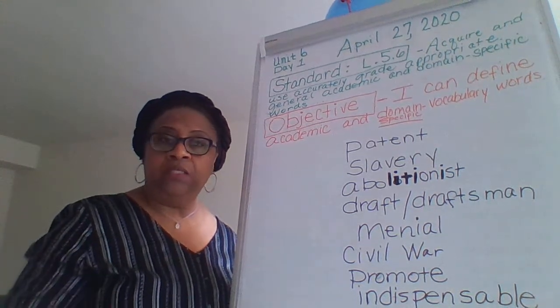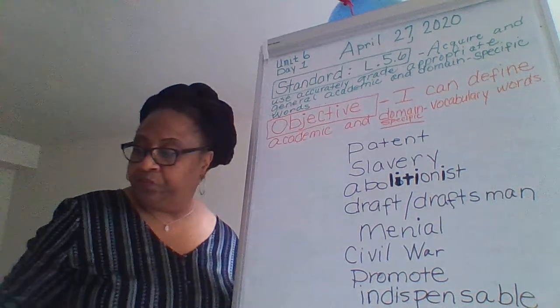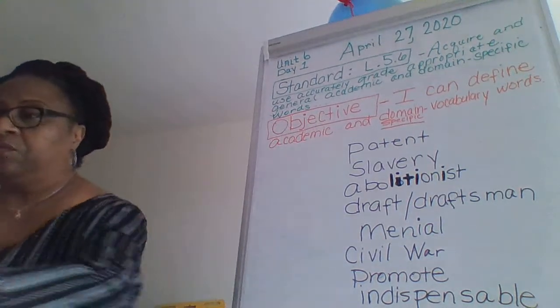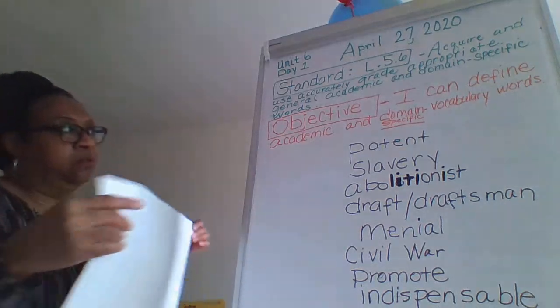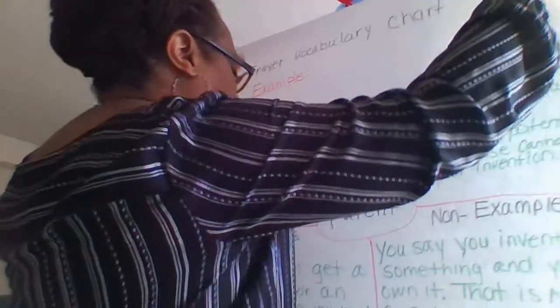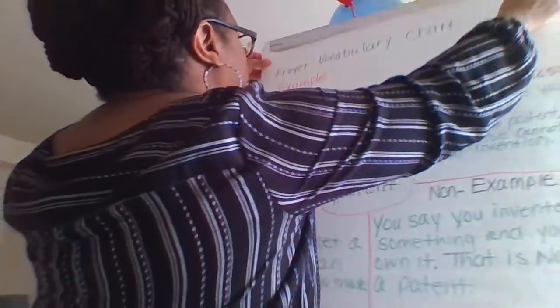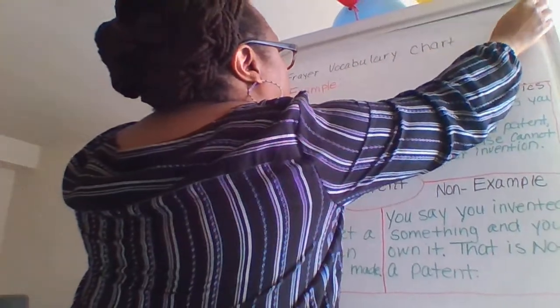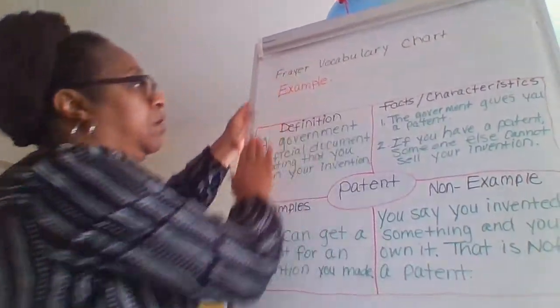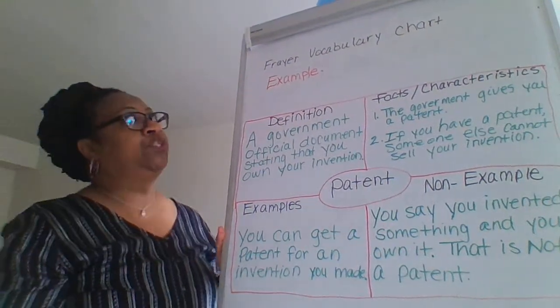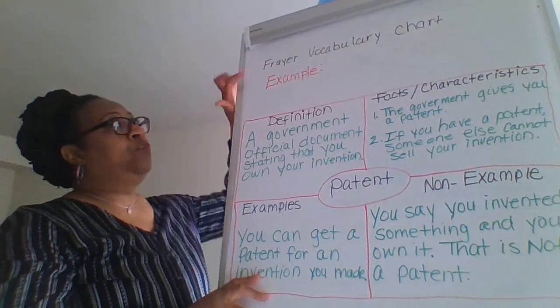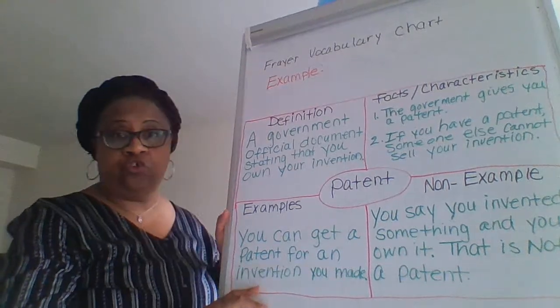Okay, so now let's look at activity 2. As I said, you'll be using your Frayer vocabulary chart.